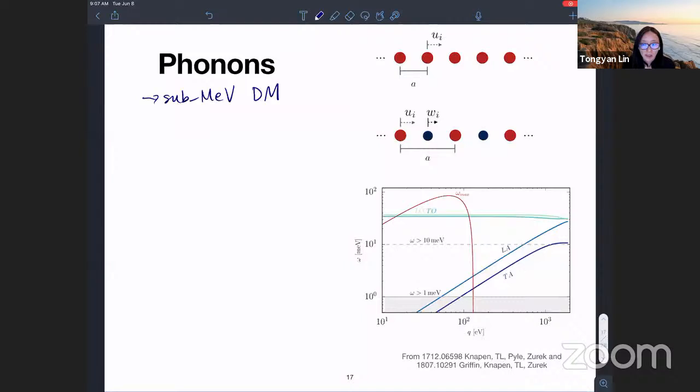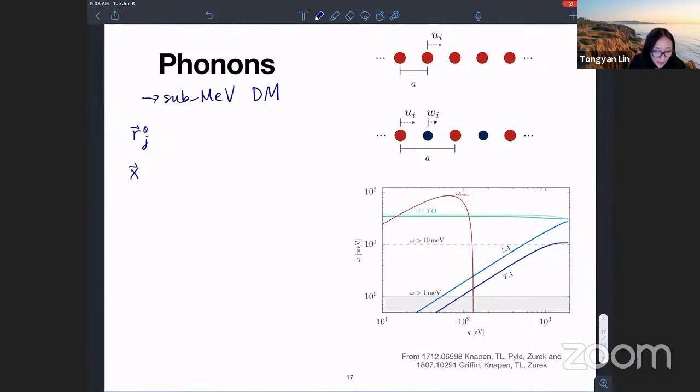In a solid state material, we have some regular arrangement of the atoms in their lowest energy state, some equilibrium positions. And phonons are the collective displacements from the equilibrium position.